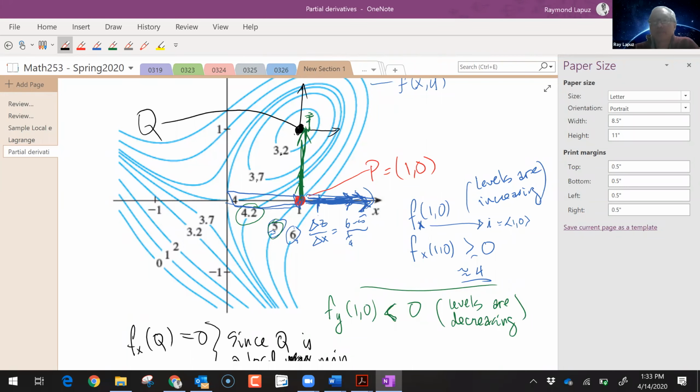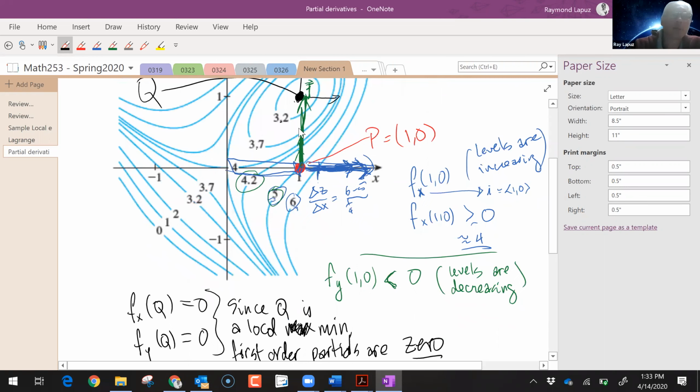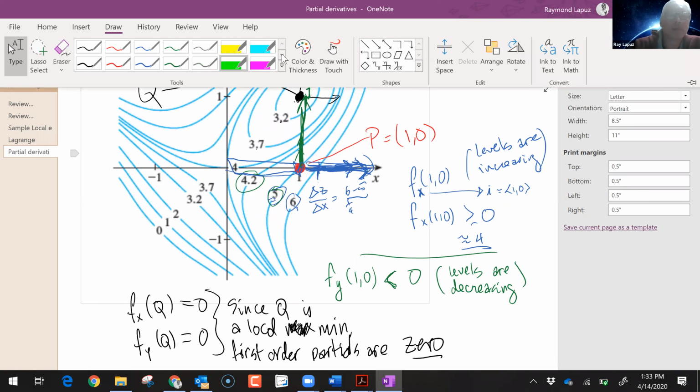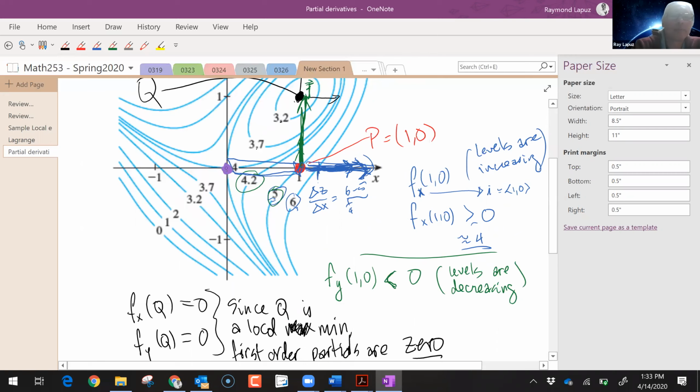Okay. So we could do one more here. And for this one, I want to look at the 0, 0 point. This point here, PQ, let's call this point R. That's 0, 0.